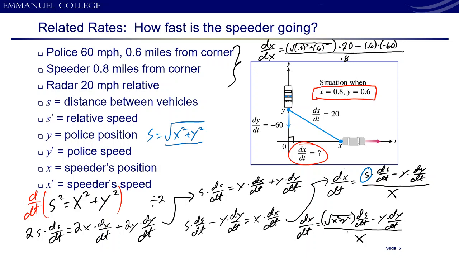And then minus 0.6 times negative 60. And then divide by 0.8. As long as I did my math correct, that should be 70. And again, don't forget your units. You don't want to be slamming spacecrafts into Mars. So it's 70 miles per hour.